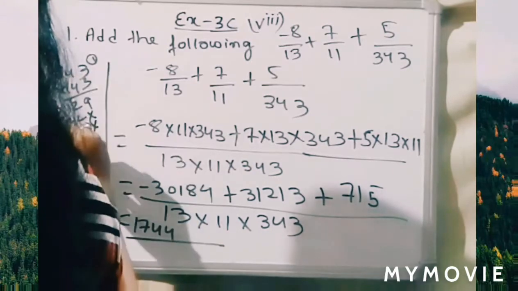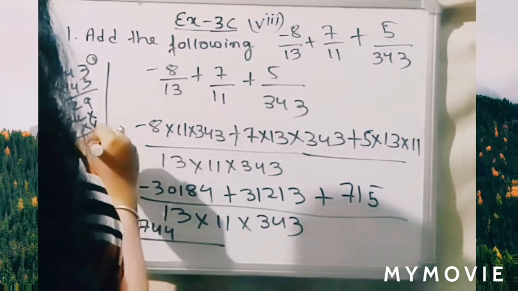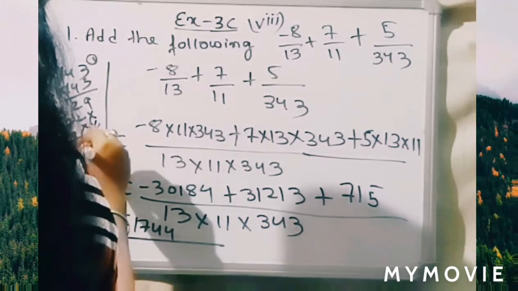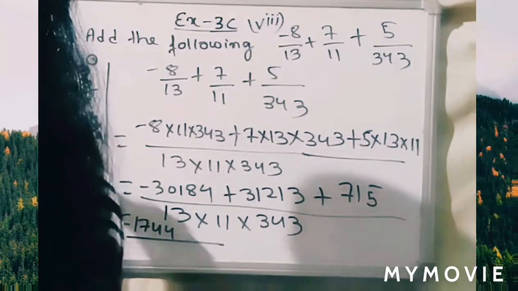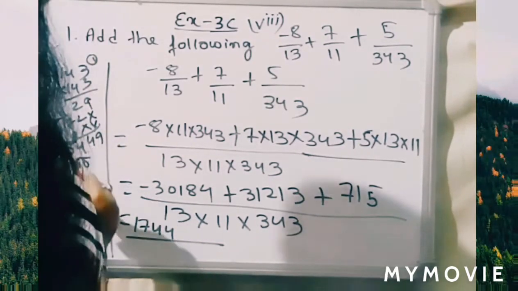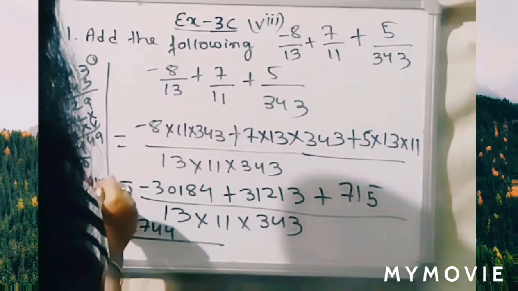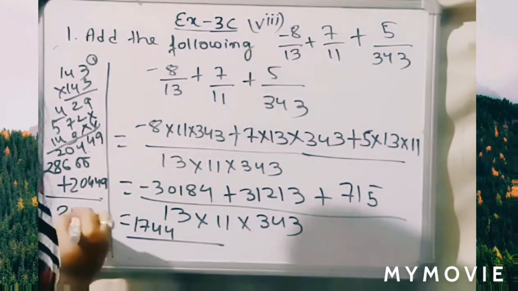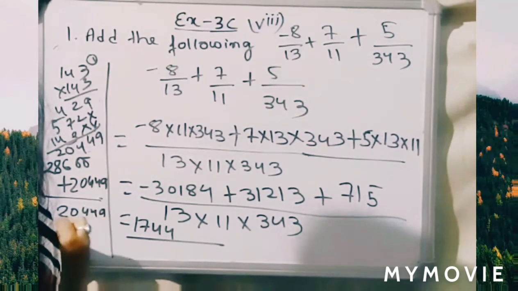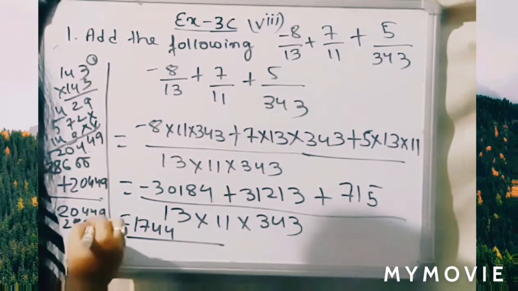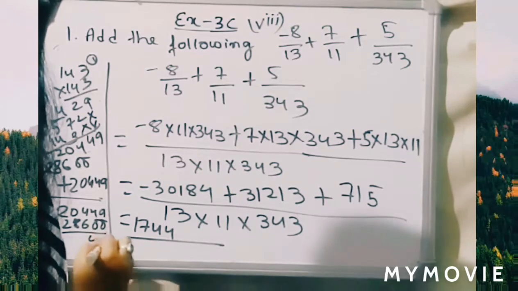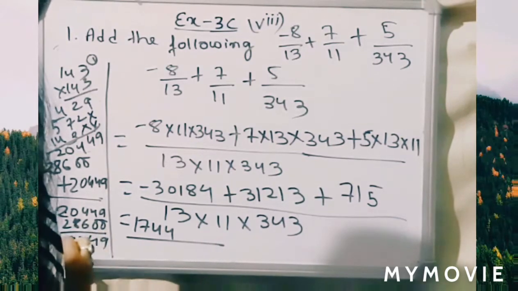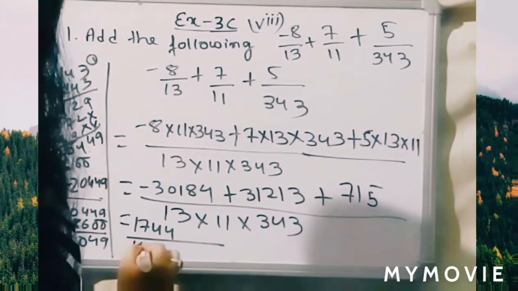Again 1 4 3, 4 9, 10 14, 6 plus 4 10. Again 2 0 4 4 9. Now you have to add this one. How you will add? 2 0 4 4 9 plus 2 8 6 0 4 9 10 9, and here will be 4. So your answer is this one.